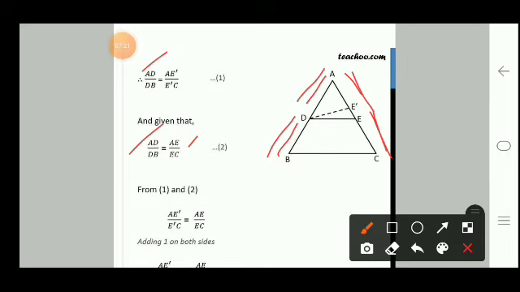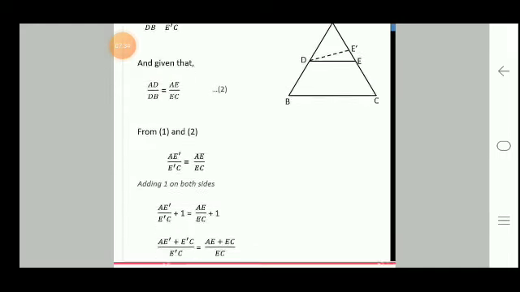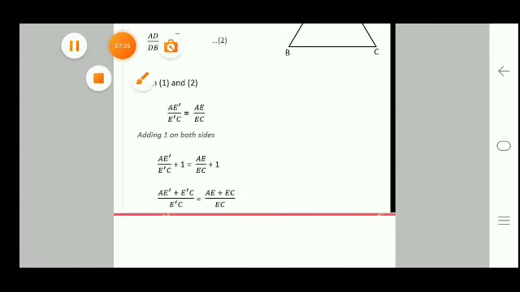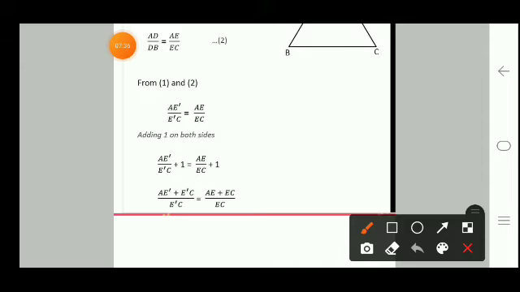Now from equations 1 and 2, we have AE dash over E dash C is equal to AE over EC. Now if we add 1 to both the sides, we get E dash C as a denominator, that is the LCM. So this will be AE plus E dash C over E dash C is equal to AE plus EC over EC.